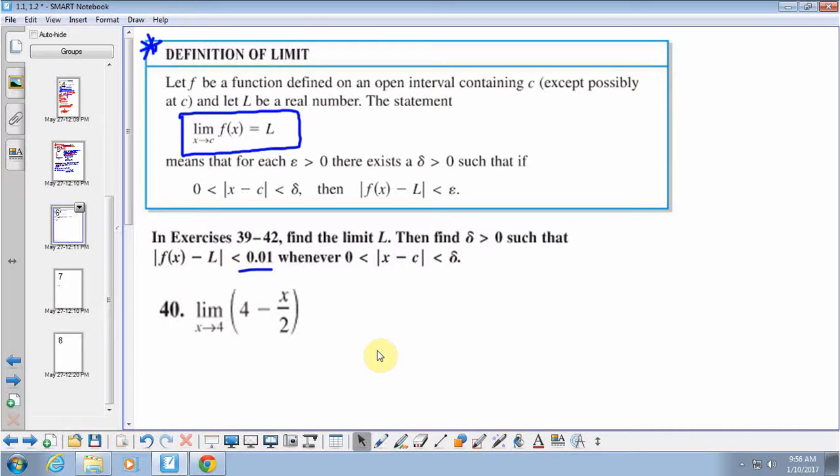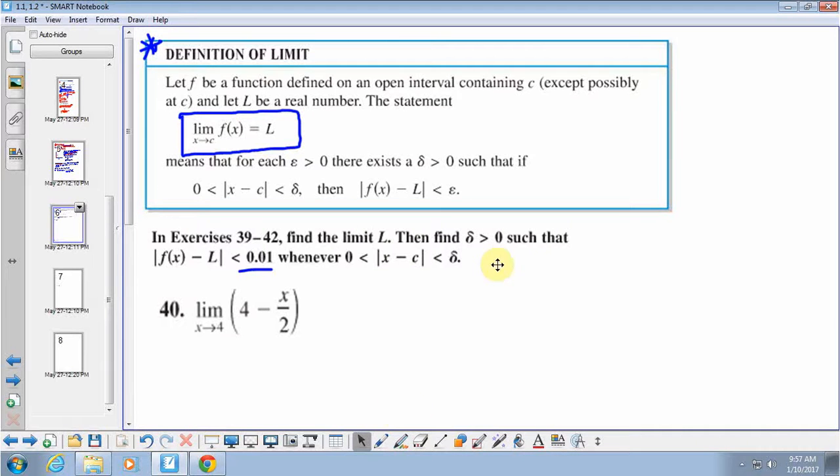So, in exercises 39 through 42, find the limit L. And that may happen by what? Direct substitution, if we can do that. Then they want us to prove that the limit is L. They say find the limit L. Sure, we find it. We know what it is. But we want to prove that it's L. And to prove that it is indeed the limit, we need to find a delta such that the absolute value of f of x minus L is less than epsilon.